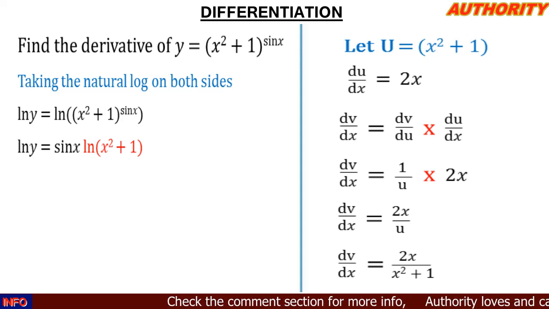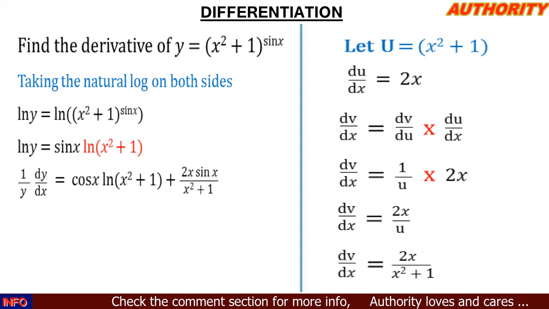Now, the derivative of sine x multiplied by ln (x squared plus 1). The derivative of sine x is cos x, and we multiply by ln (x squared plus 1). Then plus the derivative of ln (x squared plus 1) multiplied by sine x.